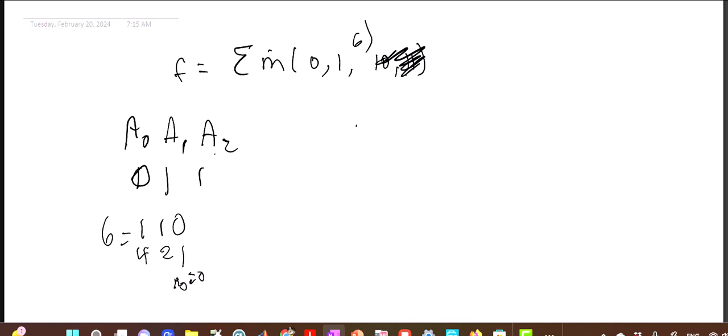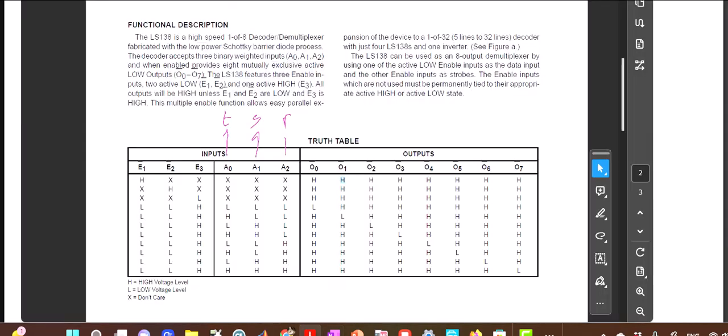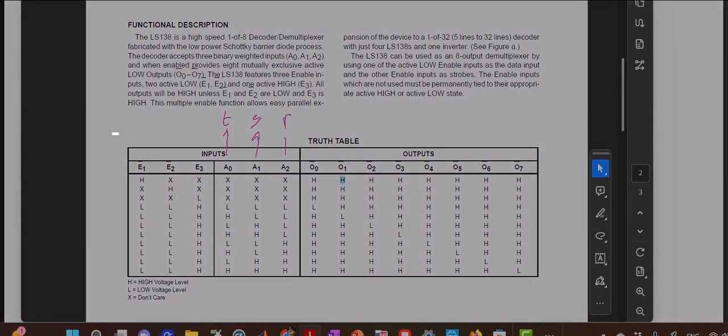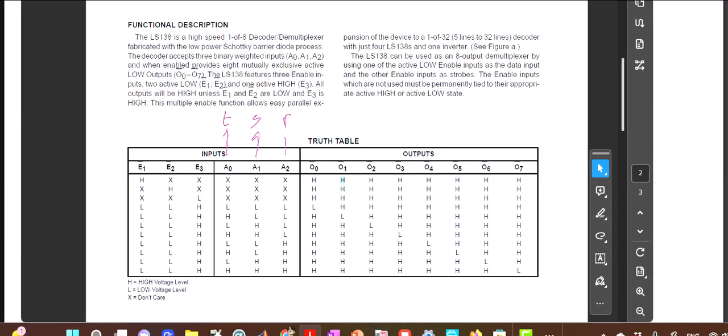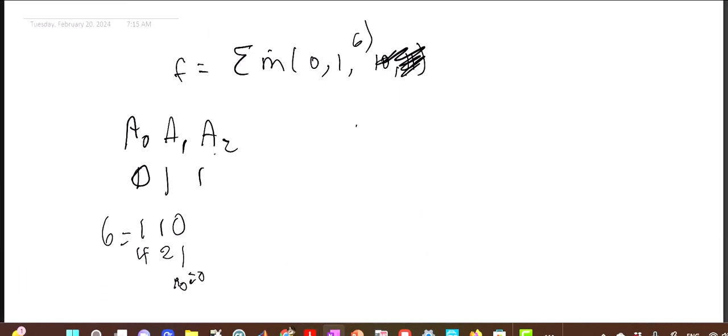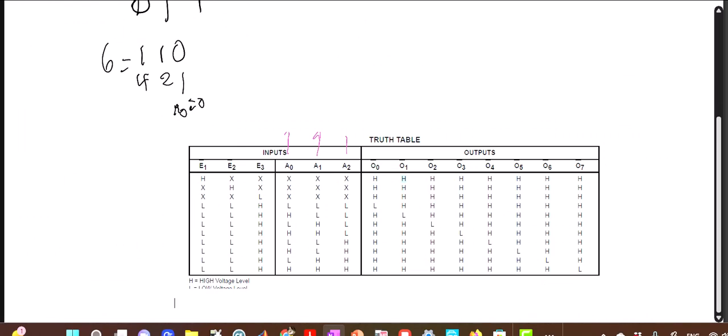If those are our inputs, then if we look at our truth table, we have low, high, high, and that's this row right here.